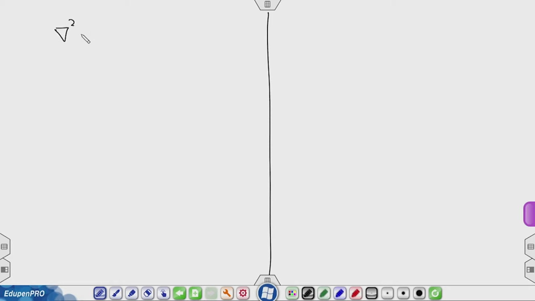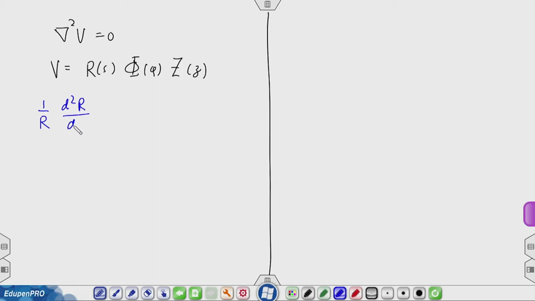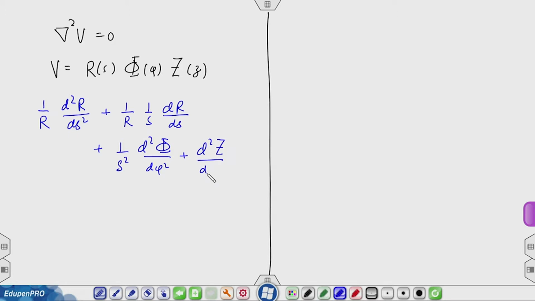So, taking del square V equals 0 and V equals R(s) Phi(phi) Z(z), we get the equation 1 over R d2R over ds square plus 1 over R 1 over s dR over ds plus 1 over s square 1 over Phi d2 Phi over d phi square plus 1 over Z d2Z over dz square equals 0.